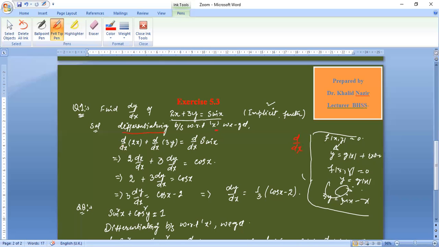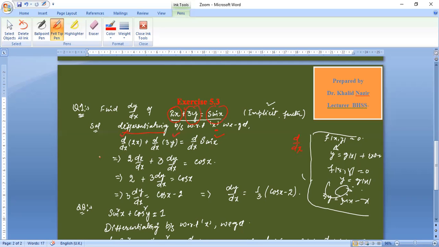The differentiation goes term by term. That is, the differentiation will first occur to this term, then addition will remain same, then it will occur to this term, which is equal to the differentiation of this term. See, d by dx of 2x, d by dx of 3y, and d by dx of sine x. At this setup, I am just applying differentiation, but I have not executed the operation of differentiation.